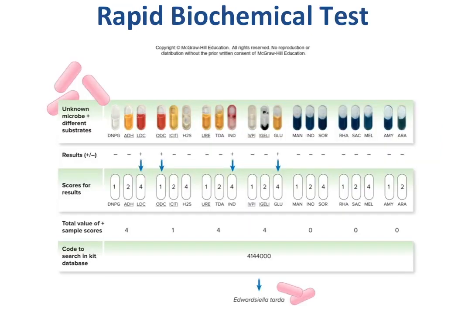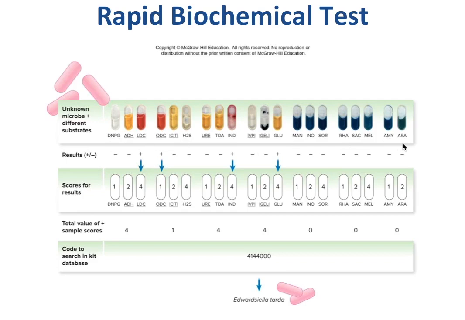So now many companies provide the rapid biochemical test kit. That will be a small kit with 20 or 12 valves that contain different substrates.